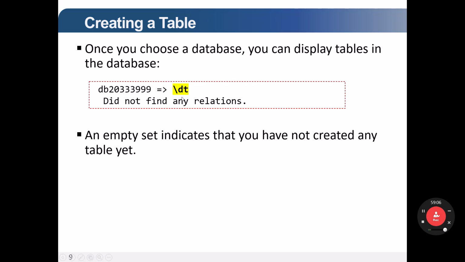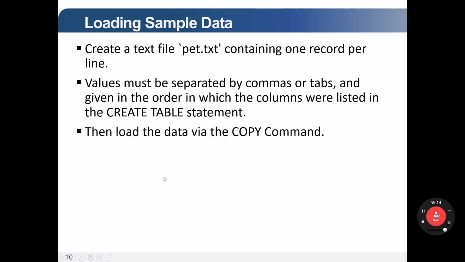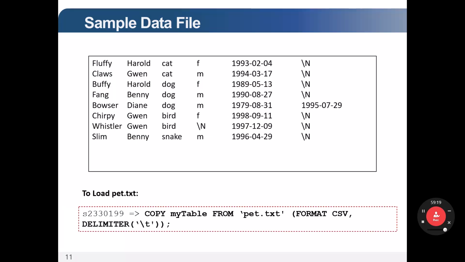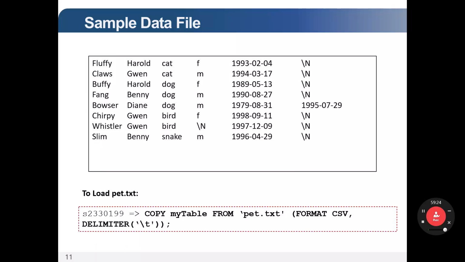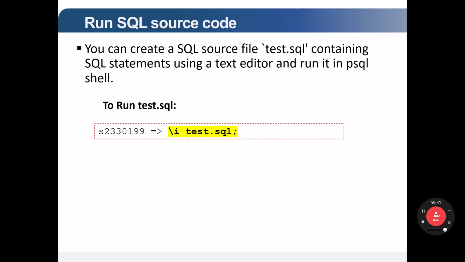And \dt is the command that lists the tables that exist in the current database. Let's ignore this loading part for now. Let's come back to this slide after I introduce some example database schema. Anyway, suppose you have written lots of queries in a text file inside Postgres. You can run those queries using \i.